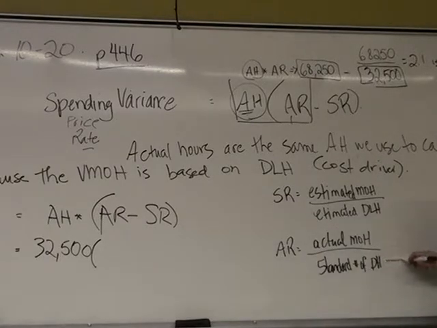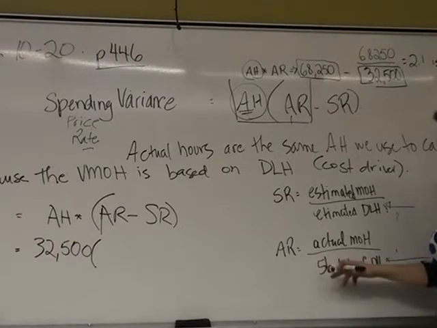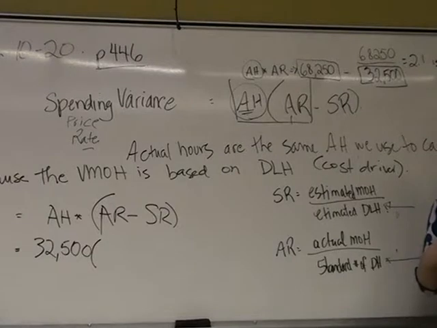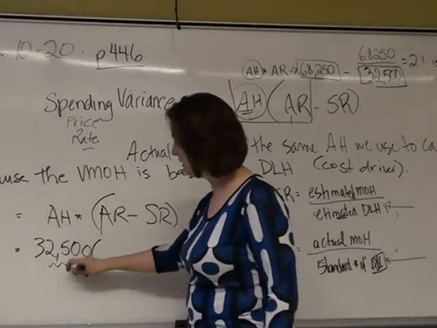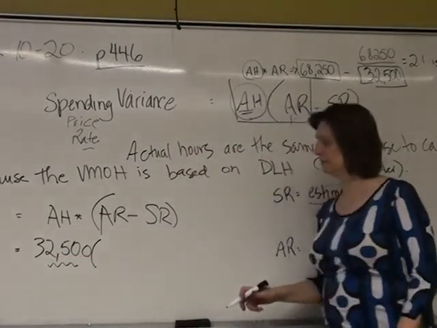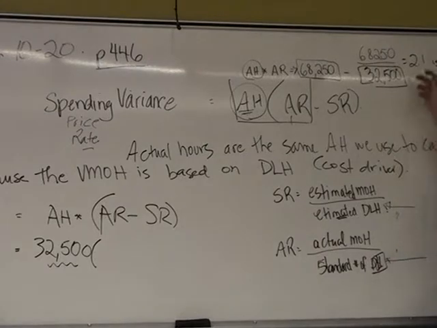The reason that you use this is that these are apples to apples, right? Otherwise, you're combining the two pieces of your variance together. So this standard number of direct labor hours is the estimated direct labor hours, right? You're trying to figure out what the difference in the rate is, and this is your actual hours. So this comes to 2.1.